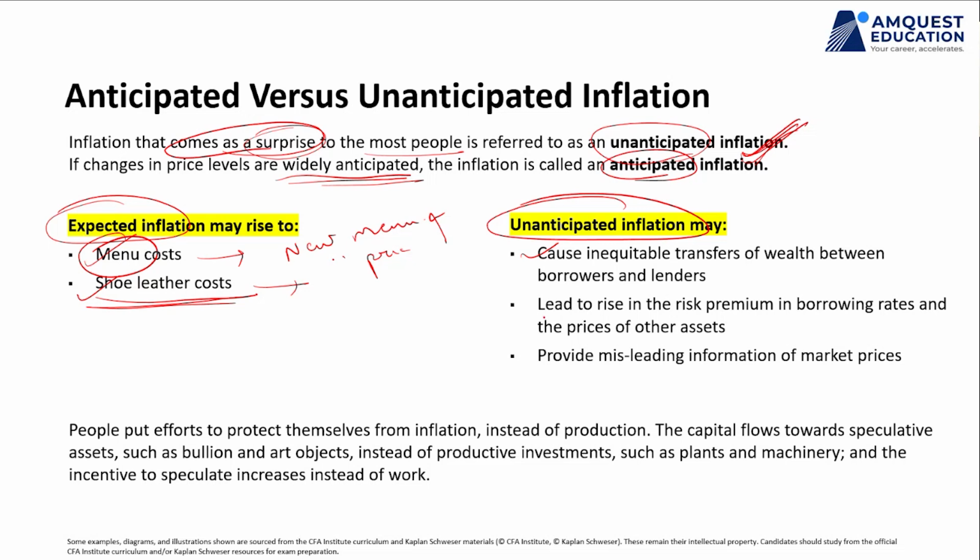It may lead to a rise in the risk premium in borrowing rates. If inflation suddenly goes up, then the borrowing rate also will go up because the price becomes more costly. So the risk premium might go up. And that's also leading to inflation, unanticipated. Obviously, many times the inflation price has gone up. The market prices may be overstated because of the unanticipated inflation.